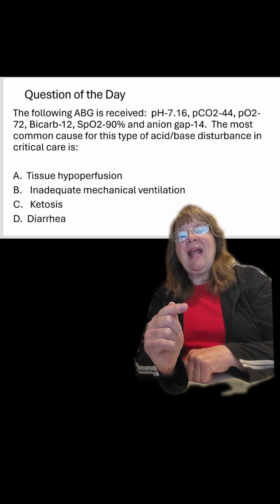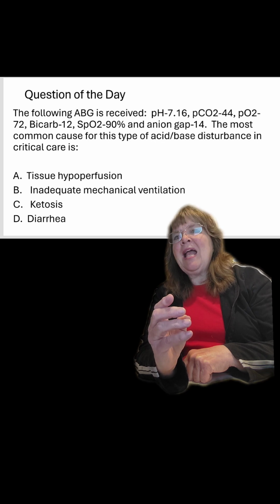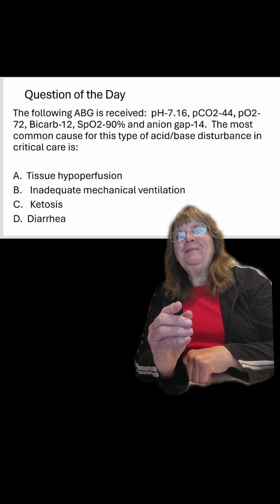Why? Because the anion gap is normal. So then you think about bicarbonate loss, because tissue hypoperfusion and ketosis will cause acid gain and raise that anion gap. And that's not the case in this particular scenario. So the answer is D, or diarrhea.